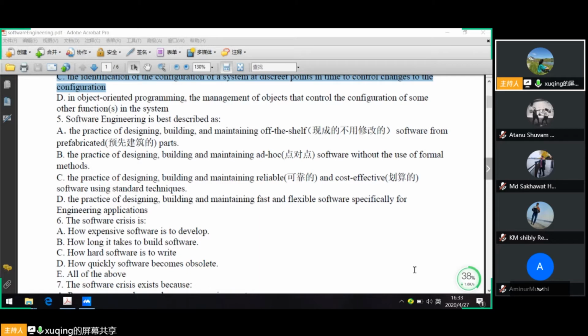And for 7, the software crisis exists because there are proven scientific methods for building robust, efficient, reliable, and cost-effective software, but they are too difficult for most software developers to understand.